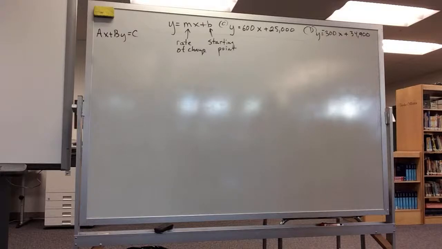So at 11 years, Coolsville and Dullsville had the same population of how many people? Check again. Look in the table. In 11 years, 31,600, the same population. I thought you meant 12.